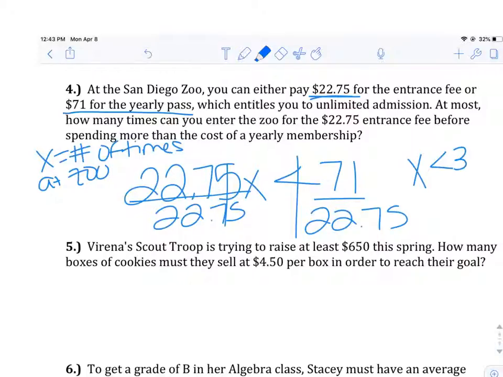So at most, how many times can you enter the zoo for the $22.75 entrance fee before spending more than the cost of a yearly membership? Well, you can go up to 3 times. Actually, we're going to say equal to, because you could go 3 times.